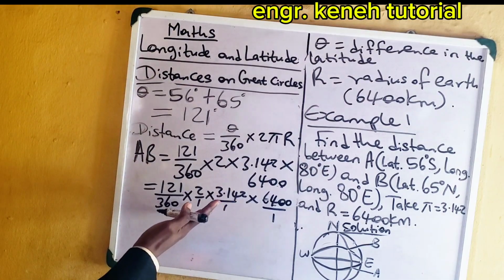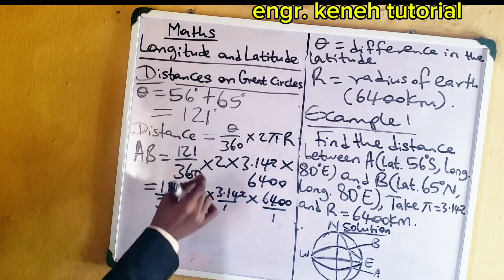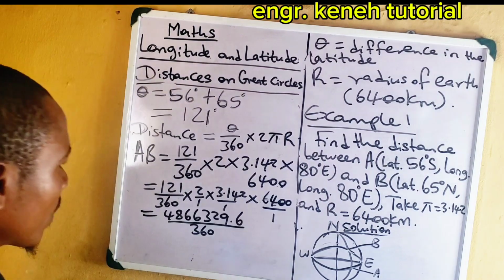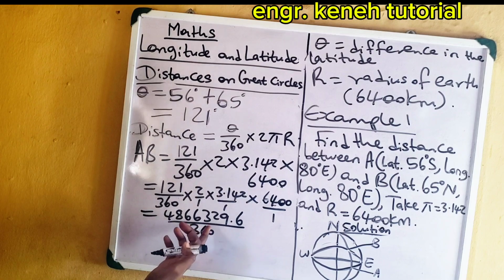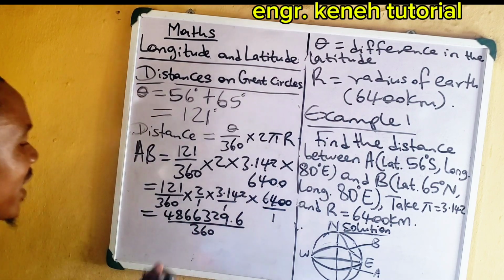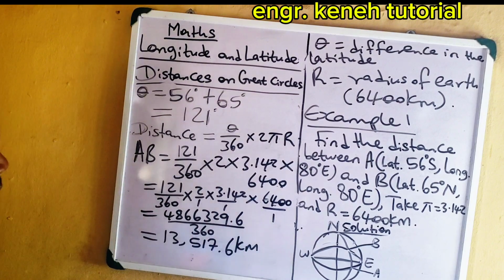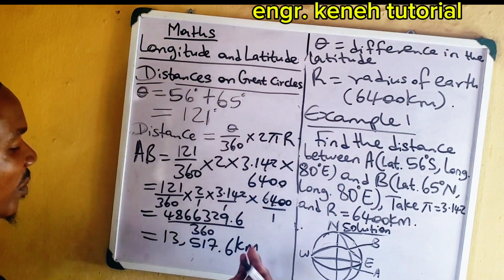All right, bringing everything down so that nobody will get confused. We multiply the numerator, then multiply the denominator, and use the denominator to divide the numerator. So we have something like this: 4,866,329.6 divided by 360. When 360 divides this, we are going to have 13,517.6.